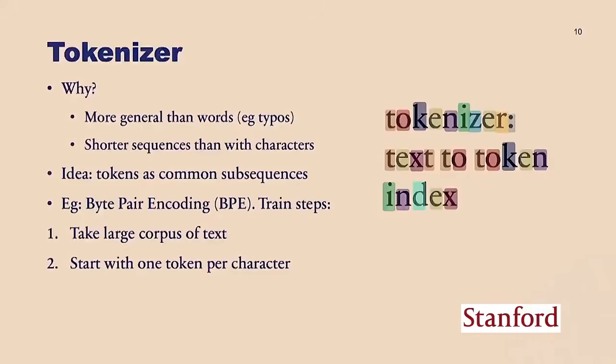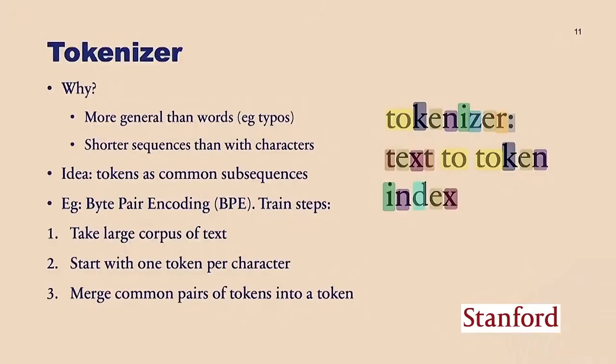Then you associate every character in this corpus of text with a different token. Here I just split up every character into a different token, and I color-coded all of those tokens. And then you go through your text, and every time you see the most common pair of tokens, you merge them. Here you see 3 times the tokens T and O next to each other, so you say this is a new token.